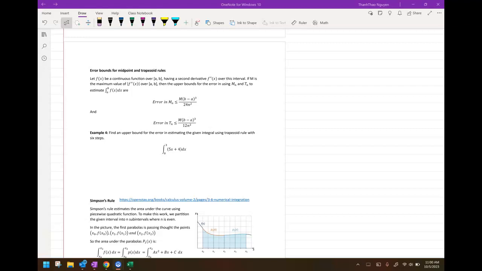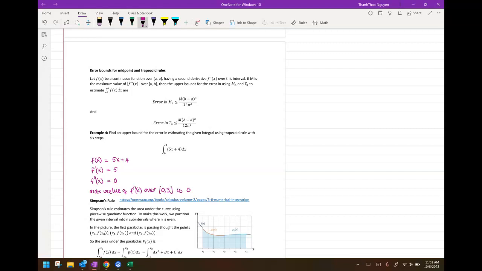So here we know that f of x is equal to 5x plus 4, which means f prime of x is equal to 5, and f double prime of x is equal to 0. Okay. So then the max value of f double prime of x over the interval 0, 3 is 0.